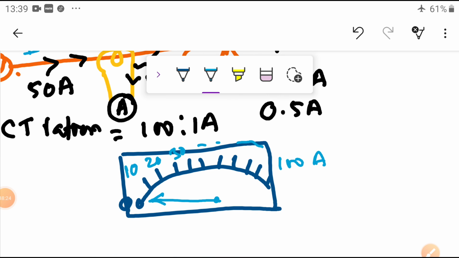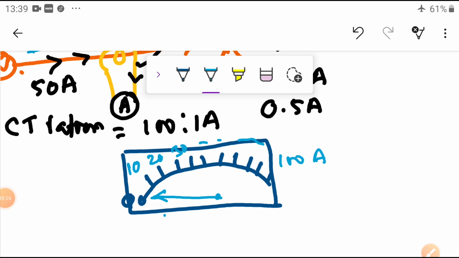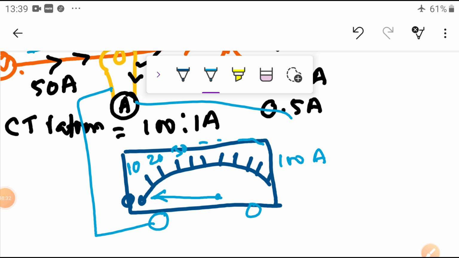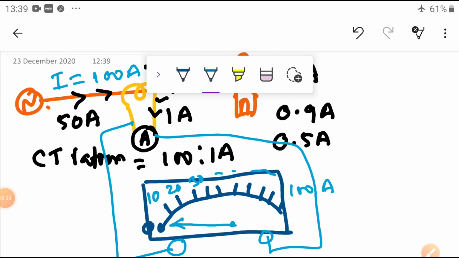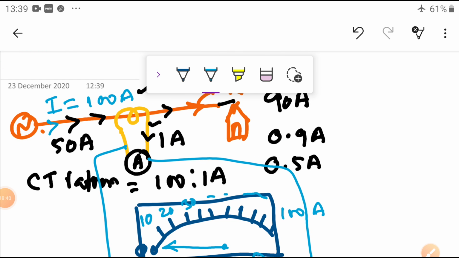As we have seen, once it is connected here and earthed, what happens? Once the current is flowing through the primary, instead of 100 amperes it is 10 amperes.